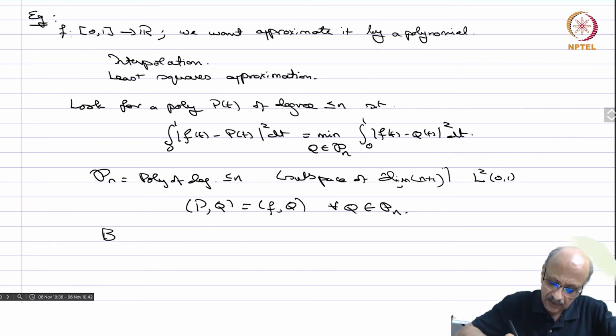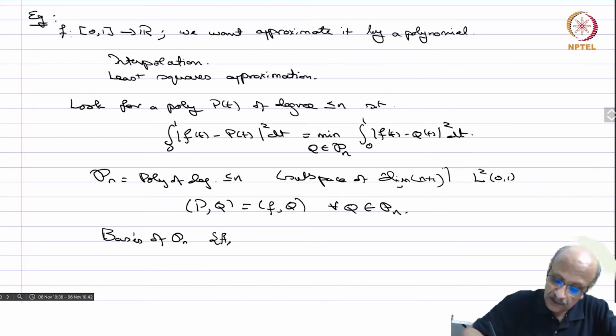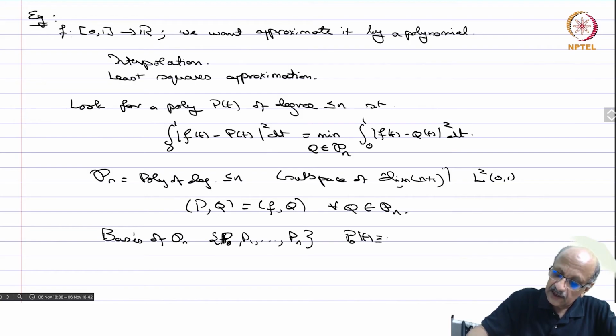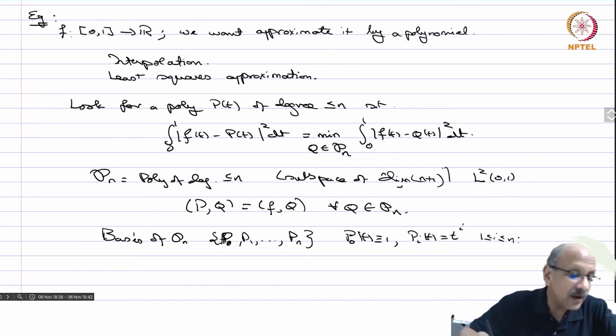So a basis of Pn, the standard basis, are the functions p0, p1, ..., pn, where p0(t) is identically 1 and pi(t) is t to the power i, for 1 less than or equal to i less than or equal to n. So 1, t, t squared, etcetera, forms a basis.